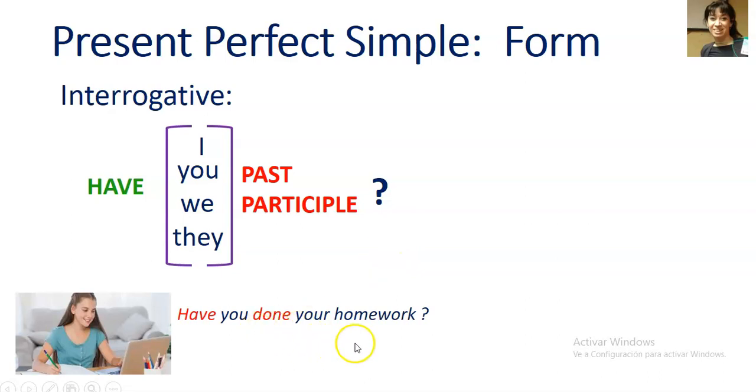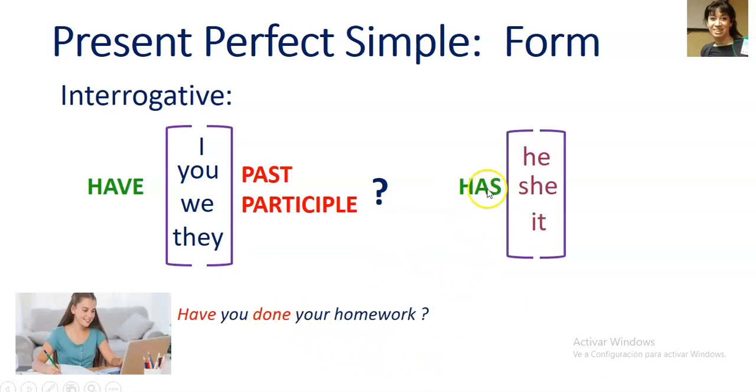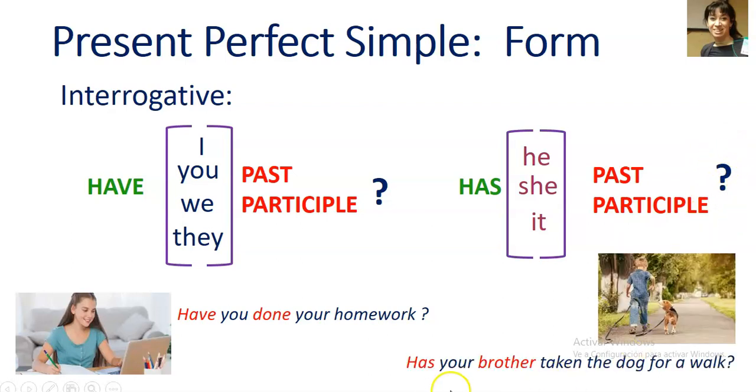For example, have you done your homework? However, he, she, and it are going to be anticipated by has, so I'm going to say has he, she, or it, and the past participle, and the rest of the sentence, and then I'm going to have the question mark. For example, has your brother taken the dog for a walk?